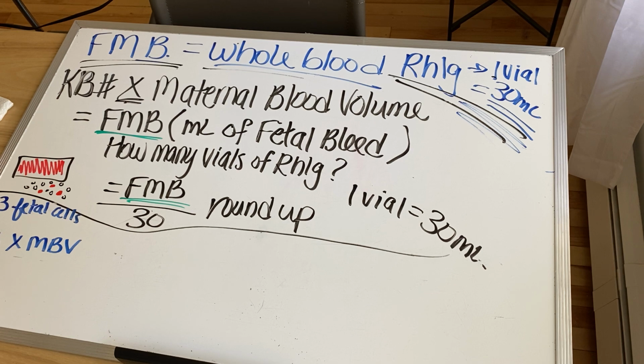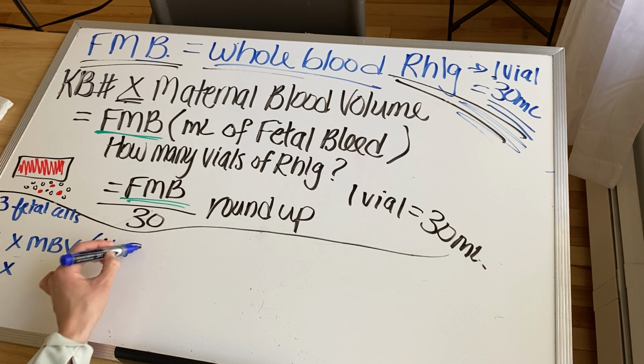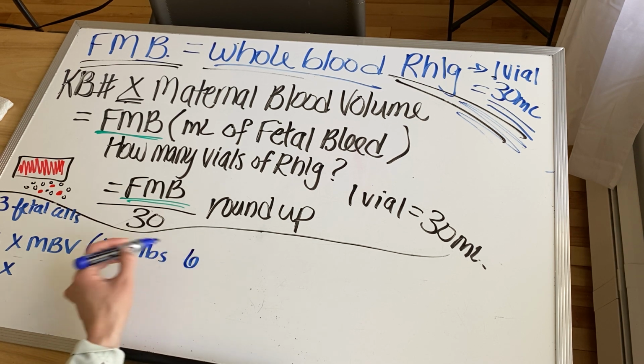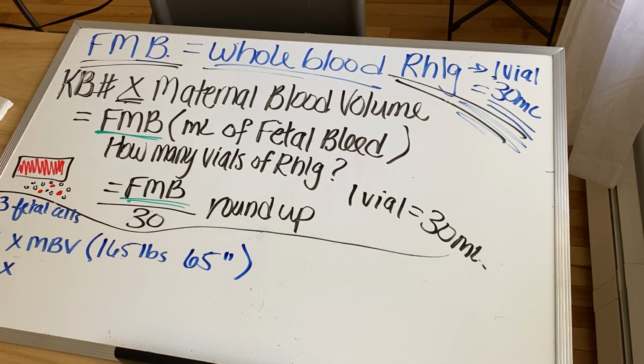Your KB number would be 3 divided by 997, multiplied by the maternal blood volume. And we'll say her height and weight is 165 pounds and 65 inches. That has to be given to us.